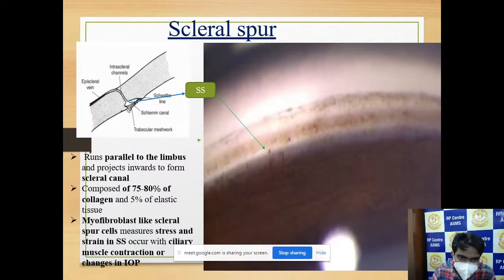This scleral spur runs parallel to the limbus and projects inwards into the scleral canal, meaning Schlemm's canal. It has myofibroblast-like scleral spur cells, which detect the stress and strain of the scleral spur during ciliary muscle contraction and increased IOP states. These myofibroblast cells detect the stress and strain of the angle structures.